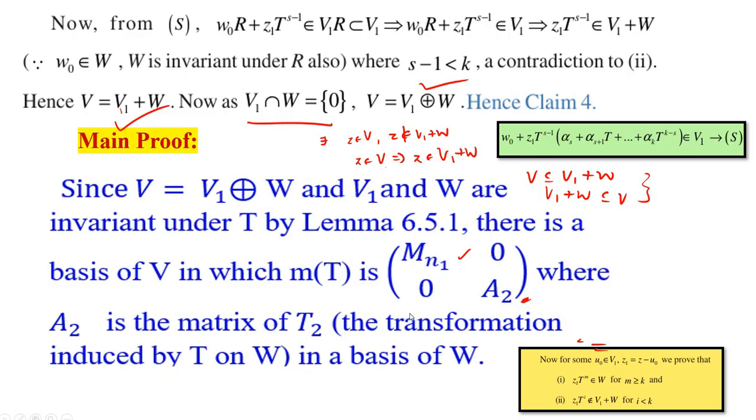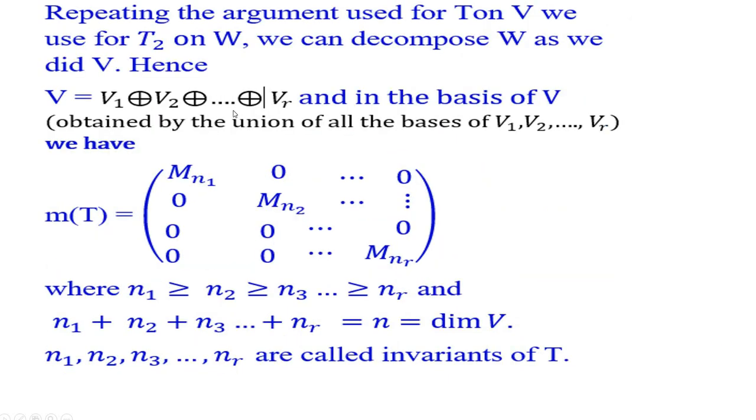Proceeding like this, repeating the argument used for T on V, we use it for T2 on W. We can decompose W as we did our capital V. So your V becomes the direct sum of V1, V2 and so on. VR you can have, or VK.